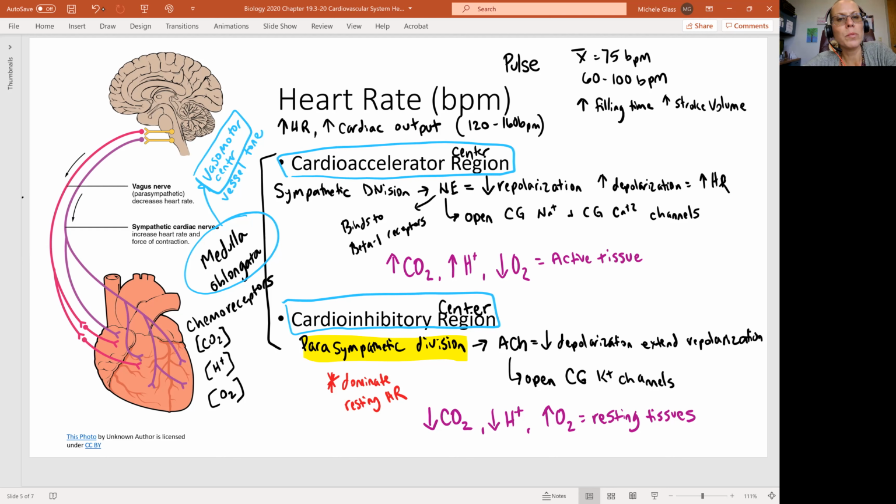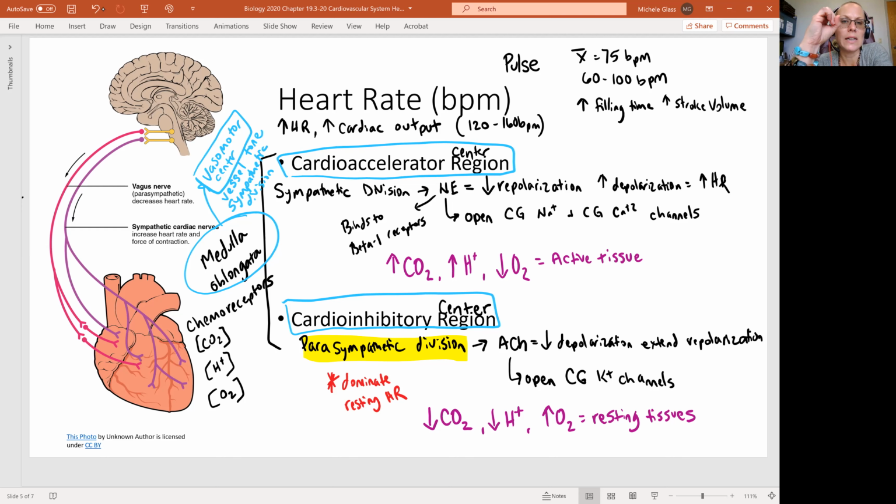So we're seeing that our blood vessels are going to have a smooth muscle, and the smooth muscle is going to stay a little bit constricted all the time. And this little bit of constriction is coordinated by the vasomotor center. And what we'll see is that this control of the vessels is dominated by the sympathetic division.